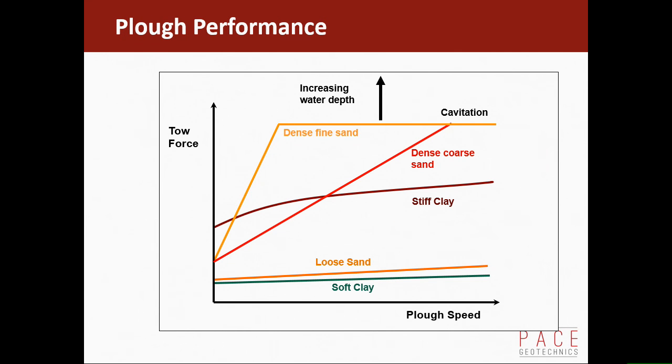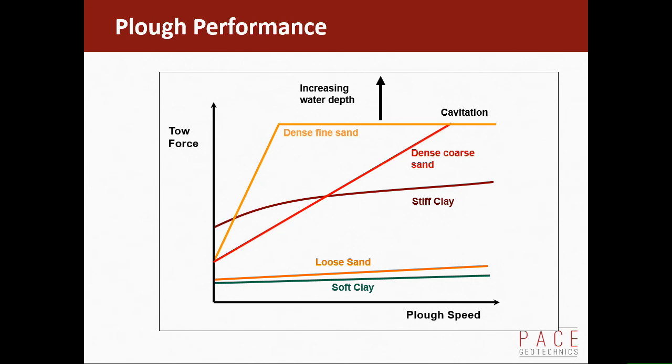If it's fine, i.e. low permeability, to get any speed takes a lot of tow force. If it's more permeable, then it becomes much easier to trench. There is a slight limitation that in shallow water, realistically, it could actually cavitate. You just get a vacuum, and that's the limit to your pressure differential.